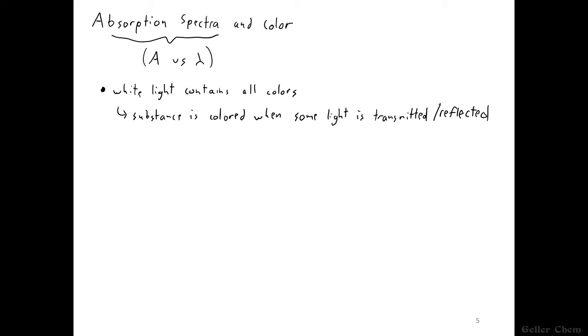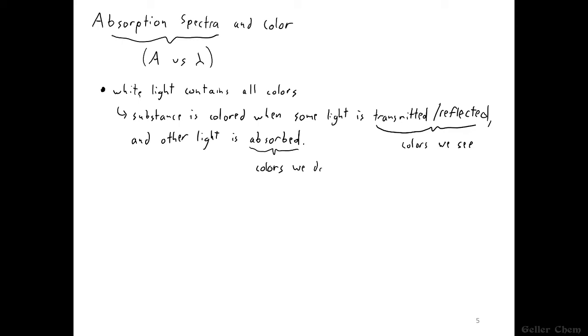When some light is transmitted or reflected and other light is absorbed. The transmitted and reflected light is what we see, the colors we see, and the light that is absorbed are the colors that we don't see.